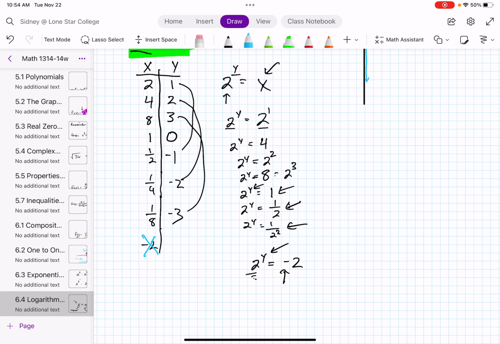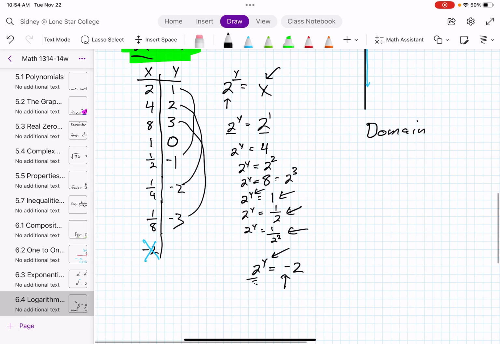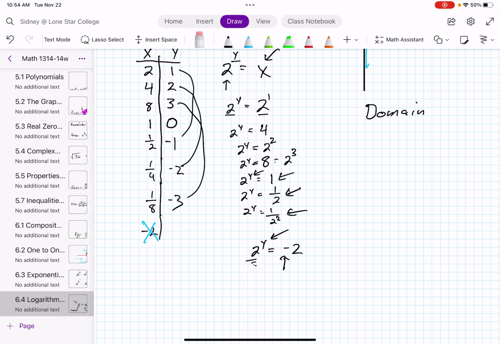And so when we look at domain and range, similarly to negative values, x can also never be 0, because 2 to some power will never actually equal 0. There is no exponent I can put there that will make this equal to 0. I can get really small, 1/2, 1/4, 1/8, 1/16, 1/32, and so on.